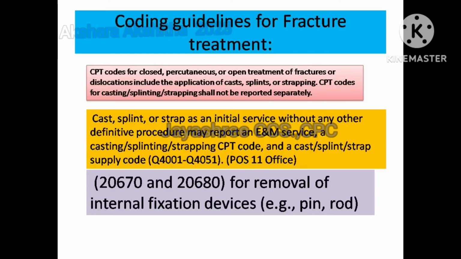So 3 codes we have to bill for physician services. If the hospital treats the fracture with the cast as an initial service without any other definitive procedure, then we code the casting CPT code without the supply code. If you are billing for a hospital, we should not code the supplies code. Supplies are included in the hospital services.